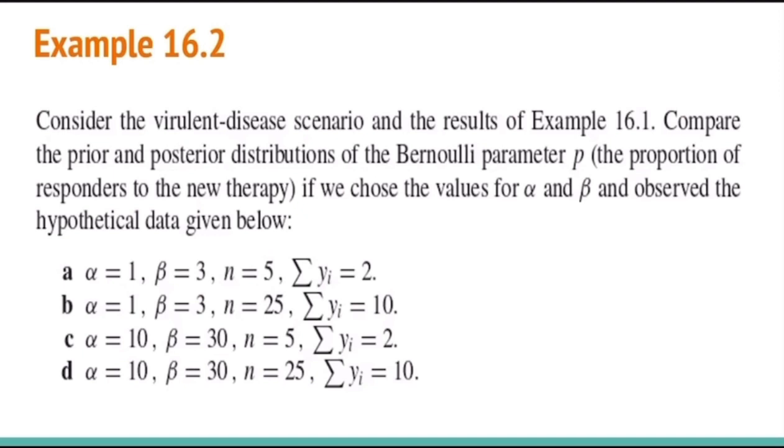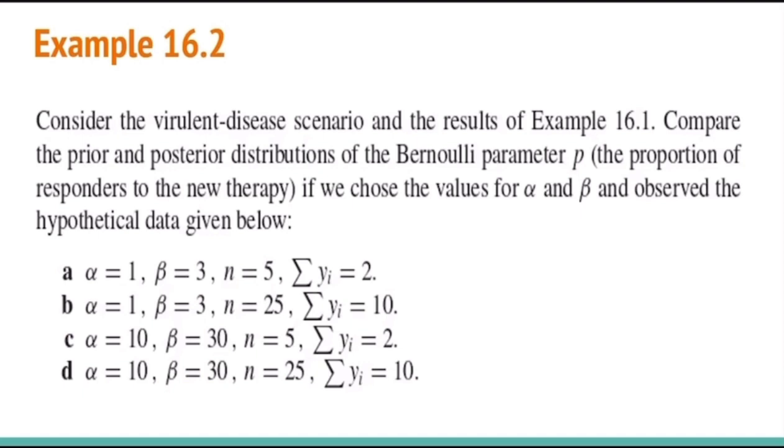It is not every patient that will respond to medical intervention. We want to figure out the proportion of patients that are going to respond to the new therapy that will be proposed. Now I'm going to walk you through this example.